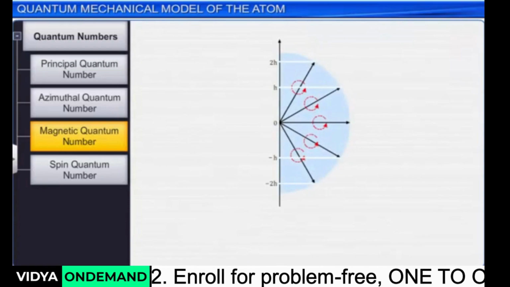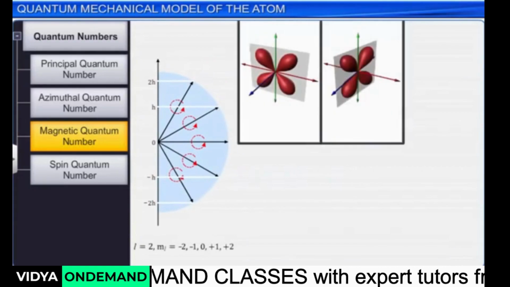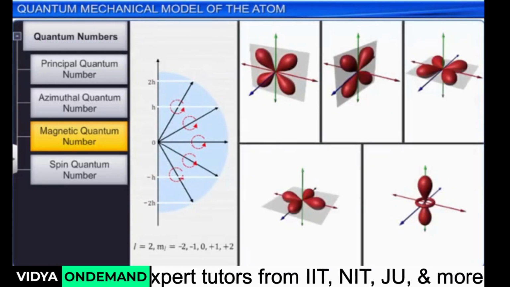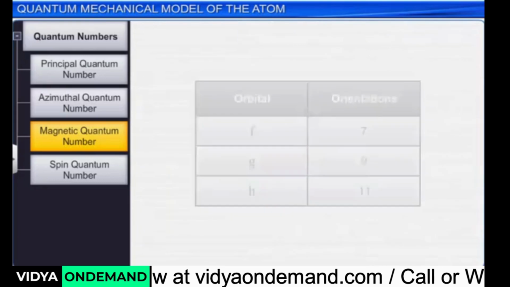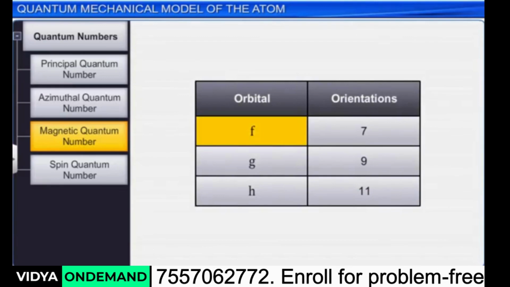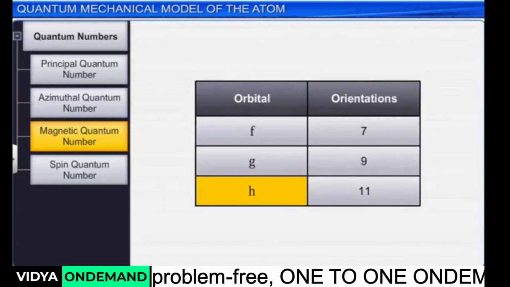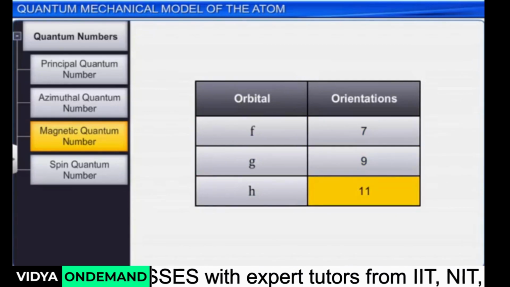Similarly, for l equal to 2, the d subshell has 5 preferred orientations and hence 5 orbitals. Using the same calculation, f, g and h subshells can have 7, 9 and 11 orbitals each.